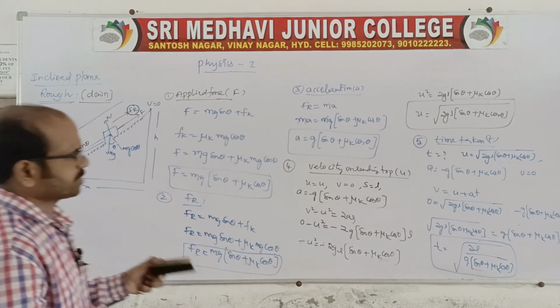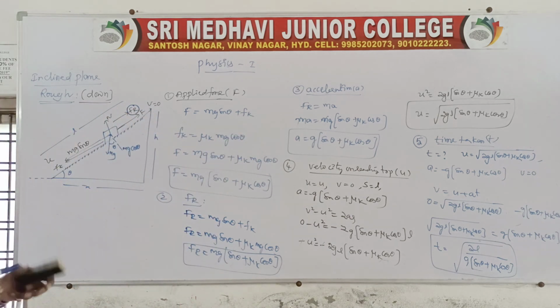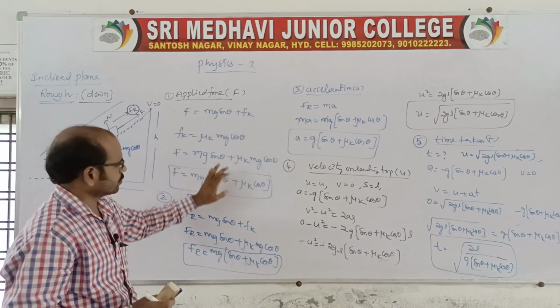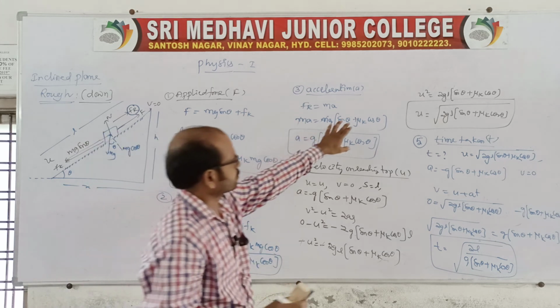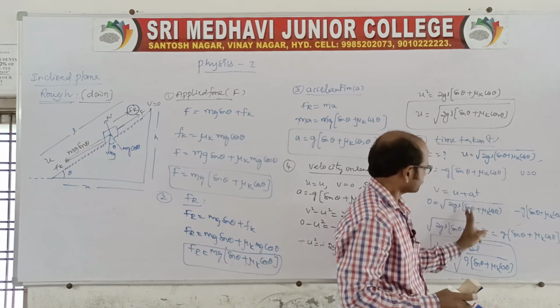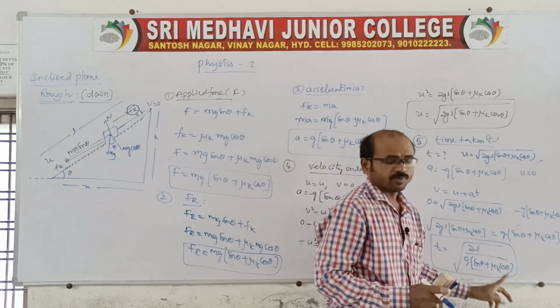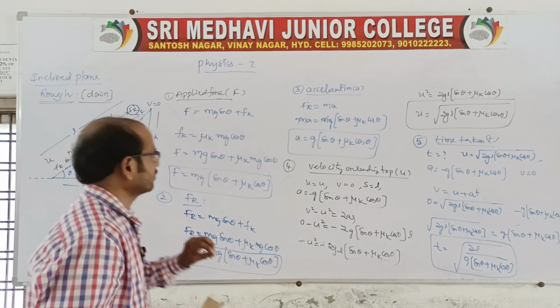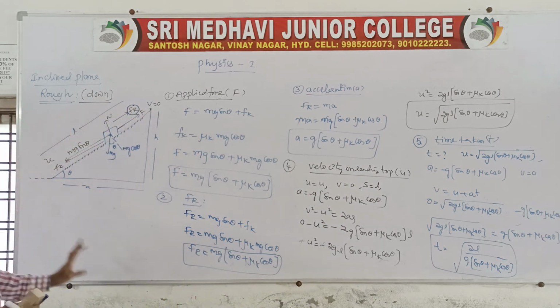Once you compare with the previous expressions, which we finished for sliding down, it is simple. Here, in the case of sliding up, we are getting all positives, plus, plus. Whereas in sliding down, we will get the negatives.